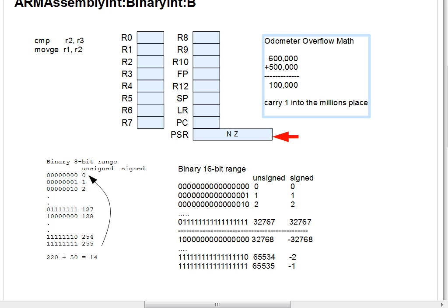So that carry is the interesting thing. The odometer doesn't have a millions place, so the carry is simply lost. In fact, this is how the wraparound occurs on the odometer, by dropping anything carried into that non-existent millions place. We haven't discussed binary addition in this class. It's more of a hardware topic, but the process of adding place values and carrying the excess into the next place happens during binary addition in much the same way as in decimal addition.